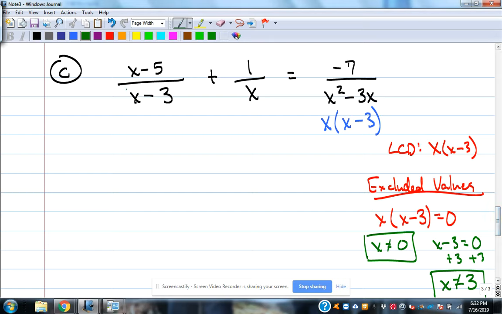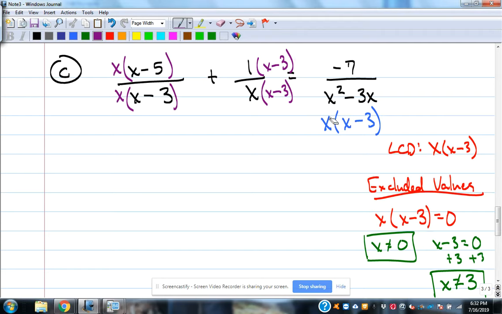Okay. Now, let's go back to the problem that we're supposed to be solving. What does the first fraction need to get the common denominator? It has the x minus 3, so that means it needs the x, times x on both top and bottom. The second fraction has the x, so that means it needs the x minus 3, top and bottom.